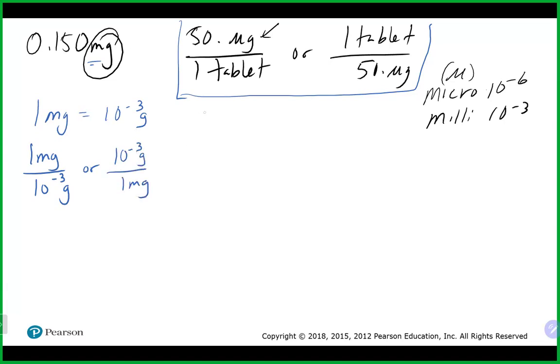We also will need to go to micros. So in 1 microgram, there are 10 to the minus 6 grams, which gives us these two conversion factors to use.